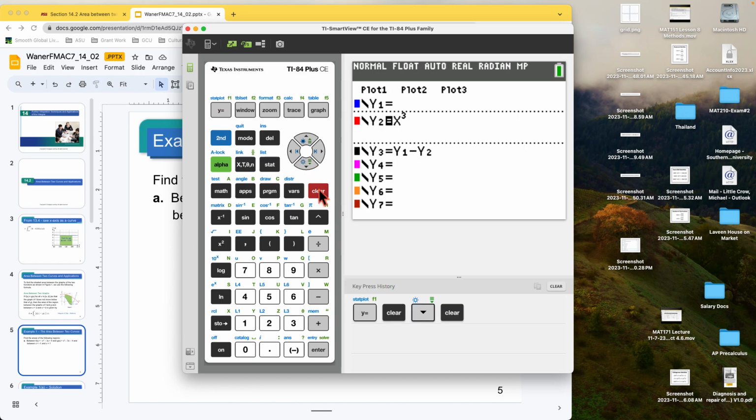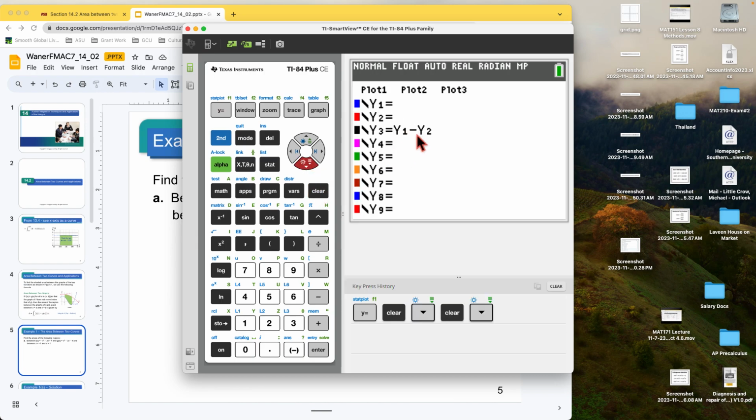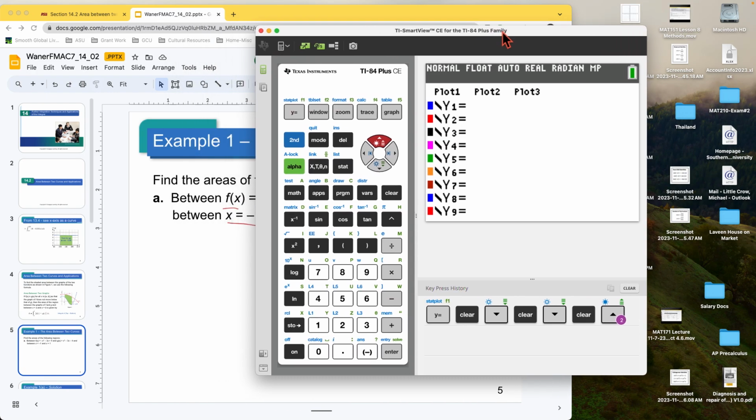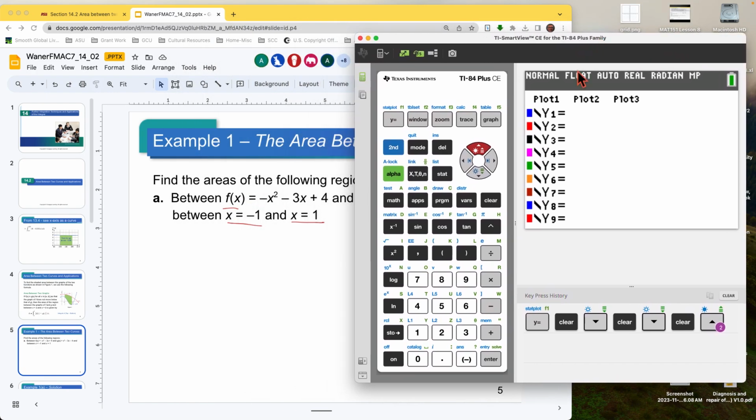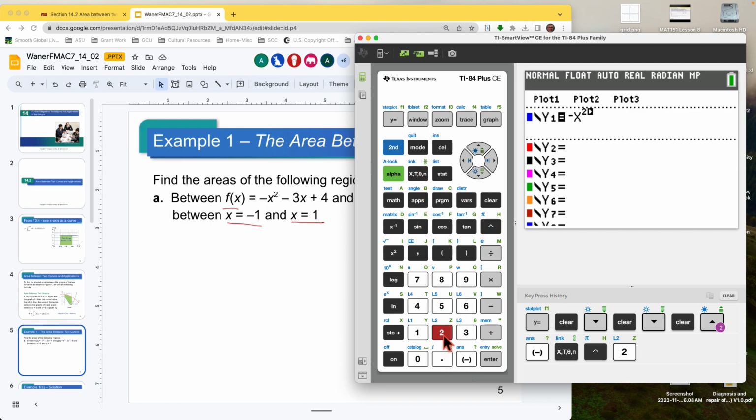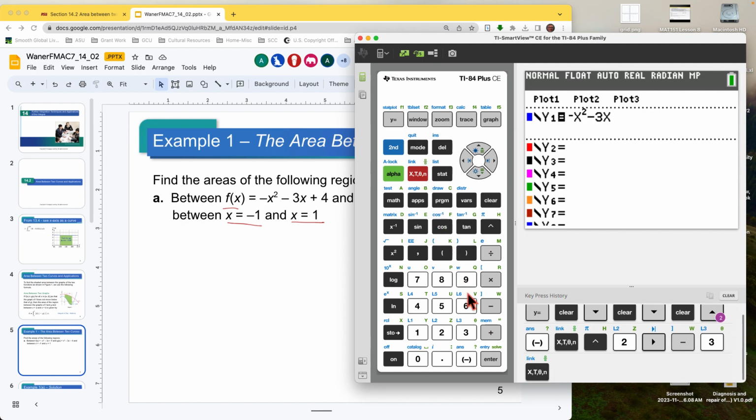So I'm going to clear these out. A little bit later, I'll tell you about this y1 minus y2. In fact, I'm going to delete it for now, but that's something you can leave in there. I'm going to be a little more careful this time, like I tell you to be. I should listen to my own advice. We go negative x squared minus 3x plus 4.